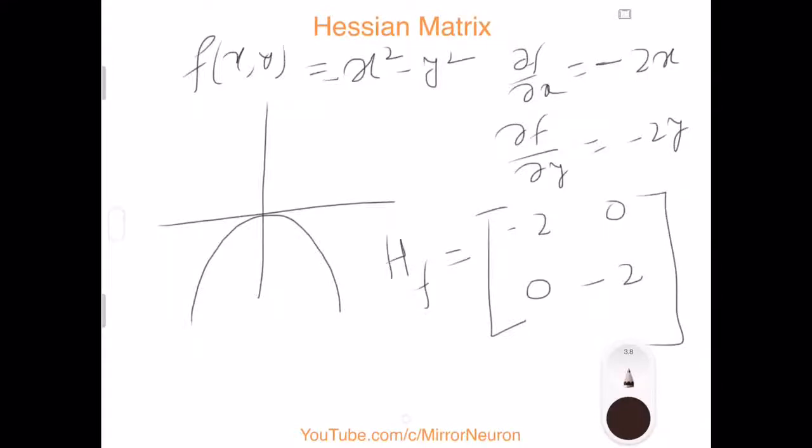So if there are negatives on the diagonal and 0 in the rest of the places, then I get a local maximum. So this is the maximum for this function. From the Hessian matrix it becomes quite obvious that my function has a local minimum or local maximum if I just observe the diagonal values. Very simple and very straightforward.